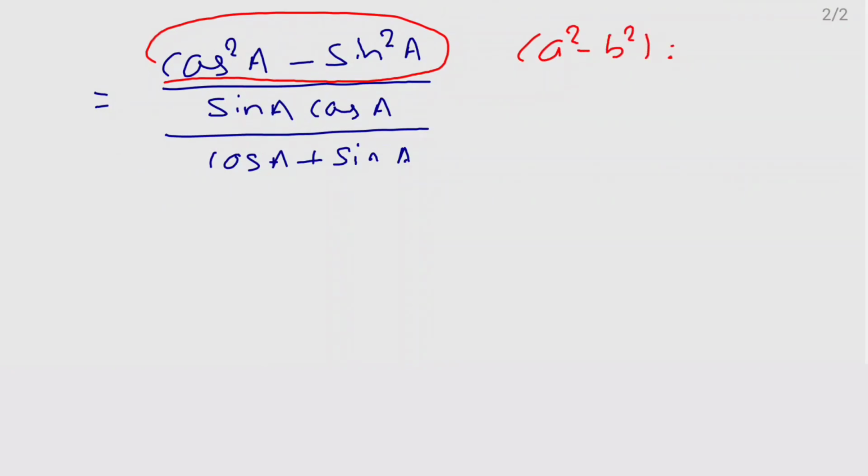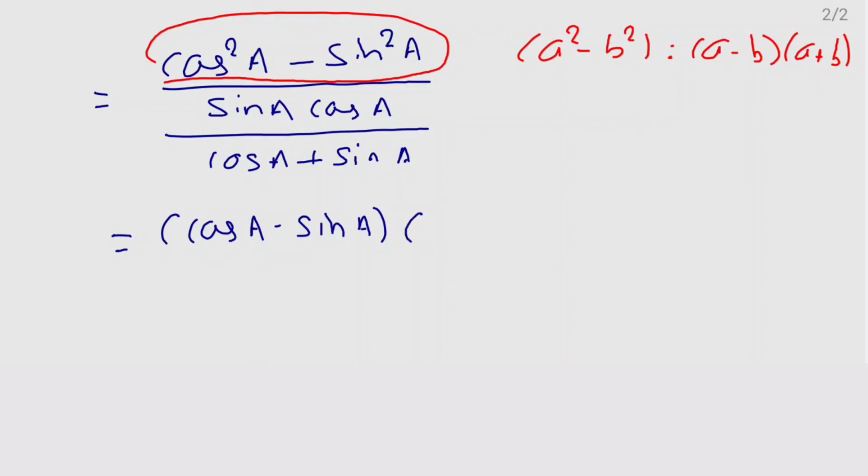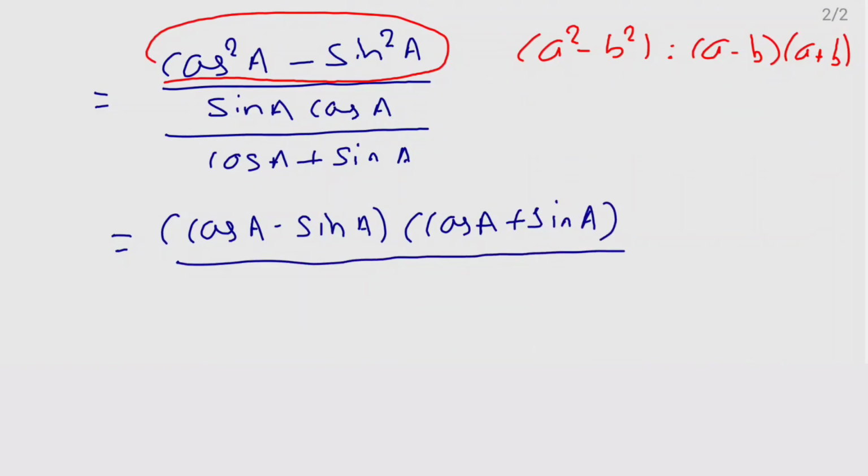So this expanded form is (A minus B)(A plus B), right? So now it will become here A minus B means cos A minus sin A, and A plus B means cos A plus sin A, and this divided by sin A into cos A as it is. And now here divided by cos A plus sin A is there.